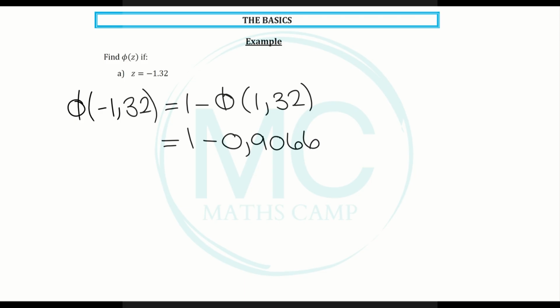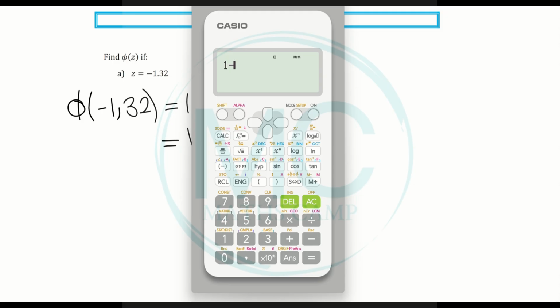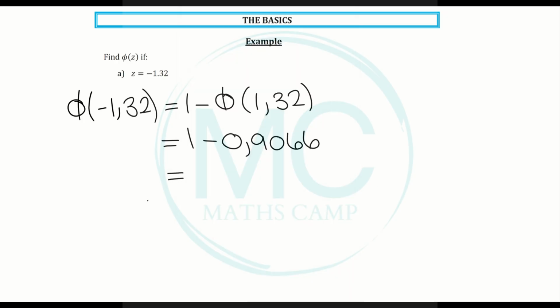Take my calculator. 1 minus 0,9066 is equal to 0,0934. This is the probability that z is negative 1,32.